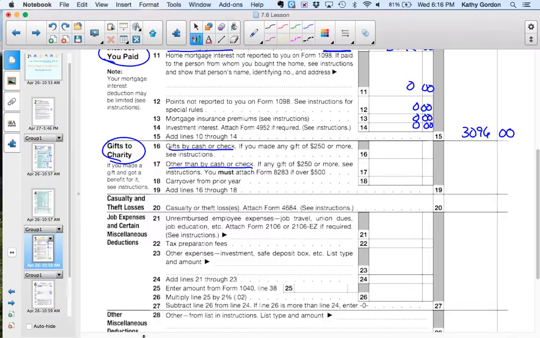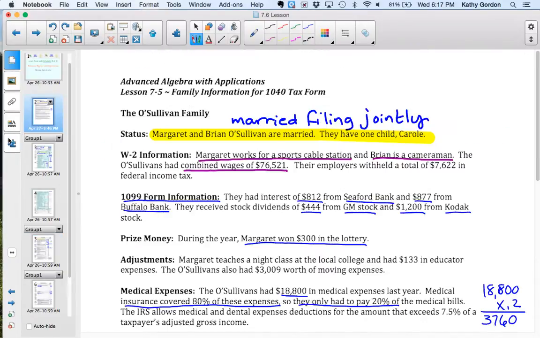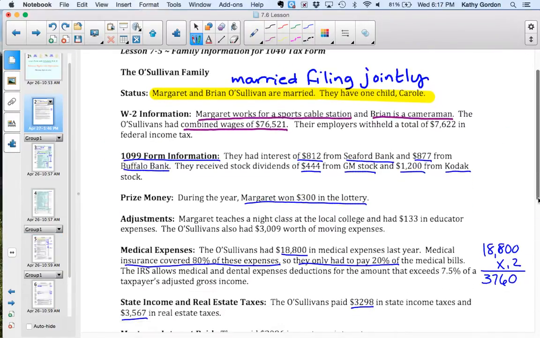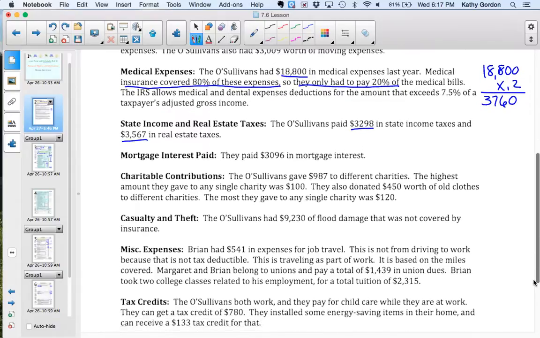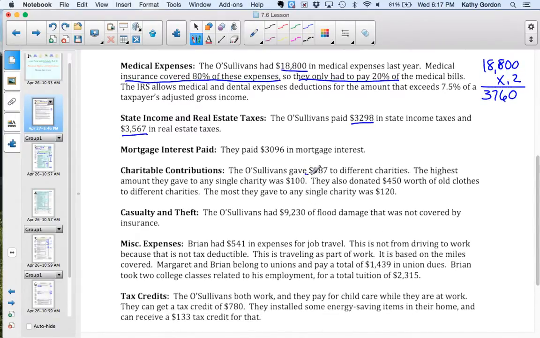And so that's what we see on their explanation. We're told that they gave $987 in actual cash to charities. They gave $450 worth of old clothes to charities.